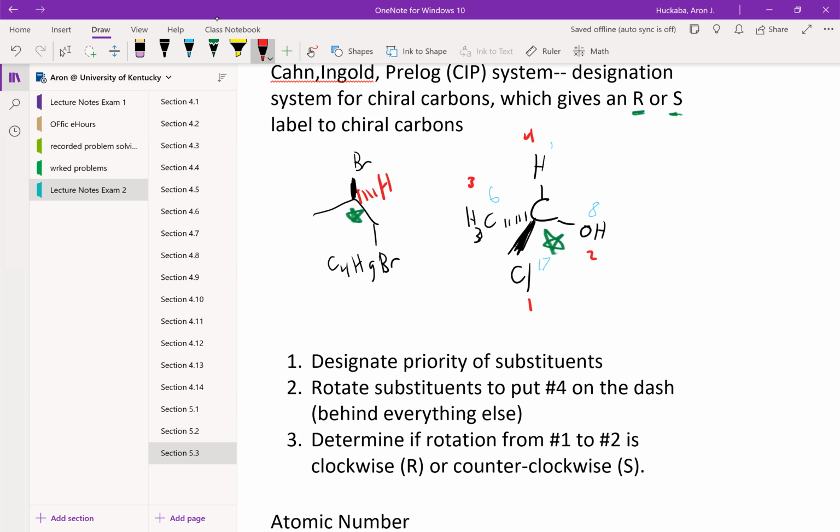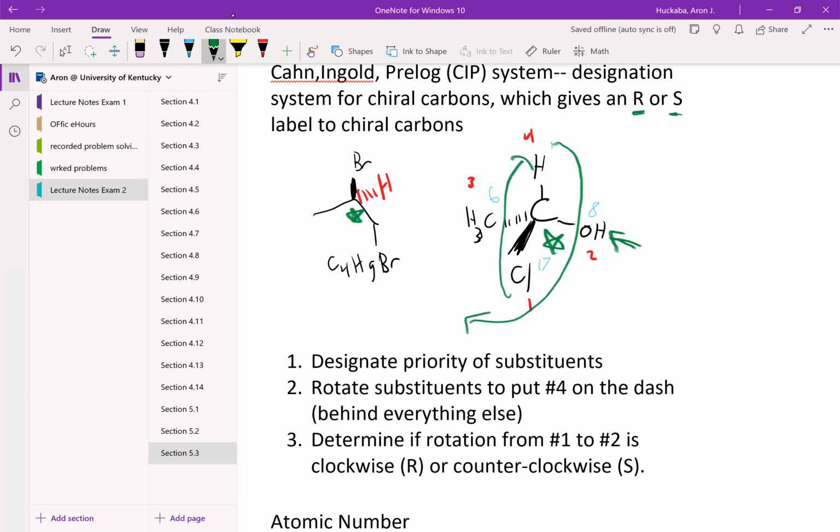So to do that, what you're going to do is hold one of these substituents constant, and rotate the molecule otherwise, much as you would do a top or maybe like a little paper umbrella or something. So if you were to imagine that we were going to place our fingers on this OH here, and we're going to hold that steady so that we can rotate the rest of the molecule either this way or this way.